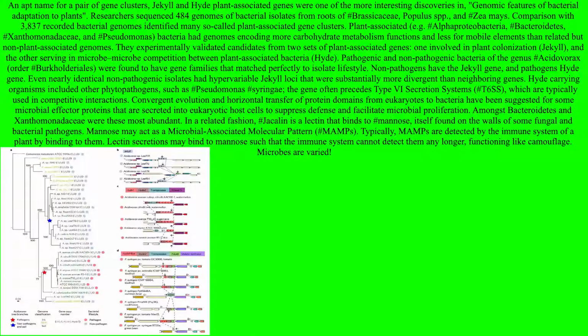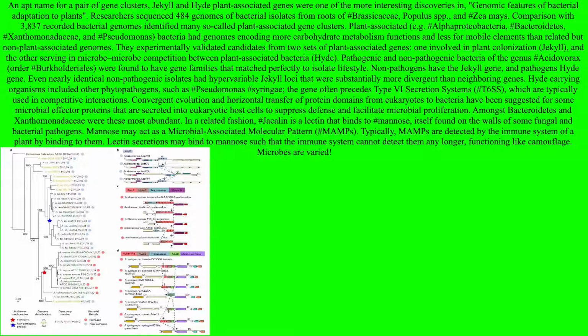And the post reads, "An apt name for a pair of gene clusters, Jekyll and Hyde plant-associated genes, were one of the more interesting discoveries in genomic features of bacterial adaptation in plants. Researchers sequenced 484 genomes of bacterial isolates from roots of Brassicaceae, Populus species, and Zea mays.